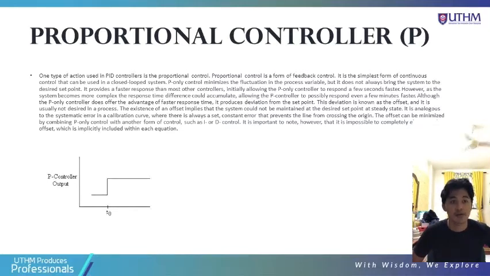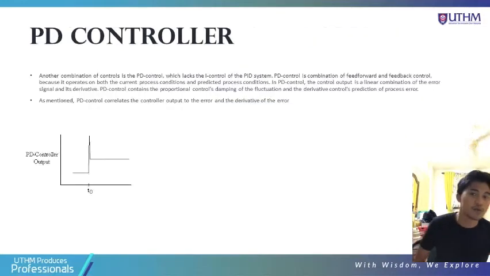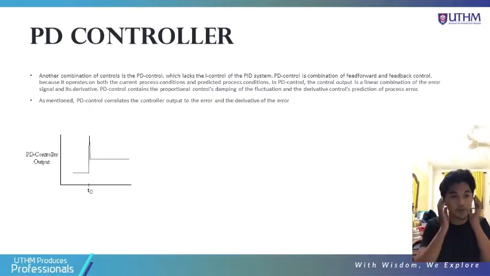It provides a faster response than most other controllers. Initially, P-only control responds within a few seconds. Then the existence of an offset implies that the system cannot be maintained at the desired set point. Lastly, it is impossible to eliminate the offset, which is implicitly included with each equation.